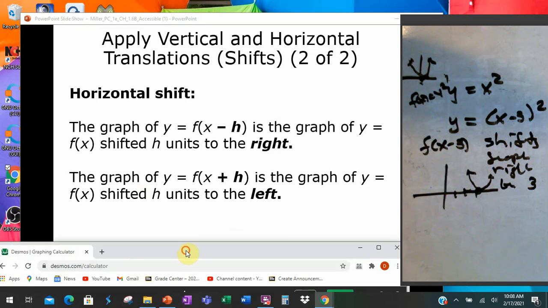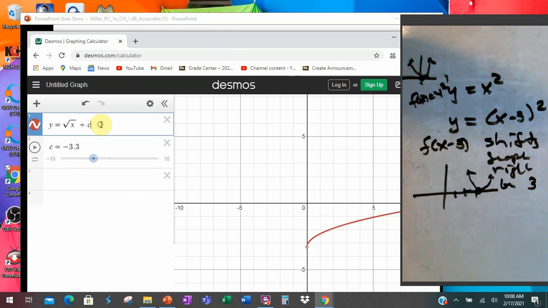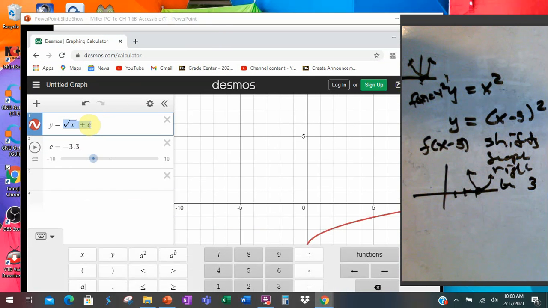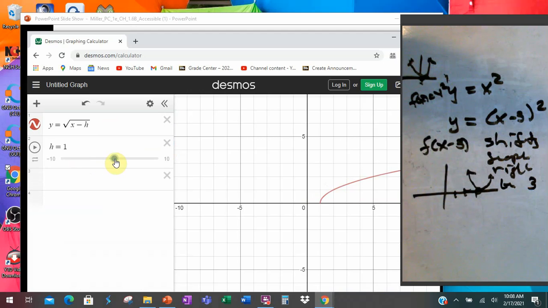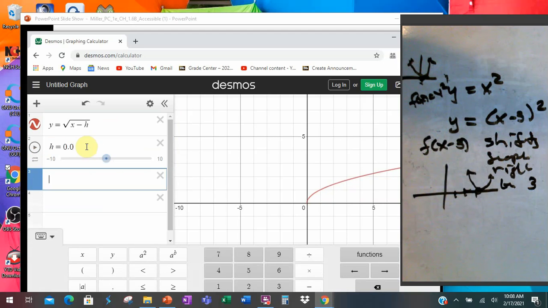So I'm going to go back over here to Desmos. Let's even start out with this one. I'm going to get rid of my slider here, and I'm going to get back up under there and go minus h. Add my slider, yep. I want to make h equal to 0. There's our starting, here's our basic graph of the square root of x.